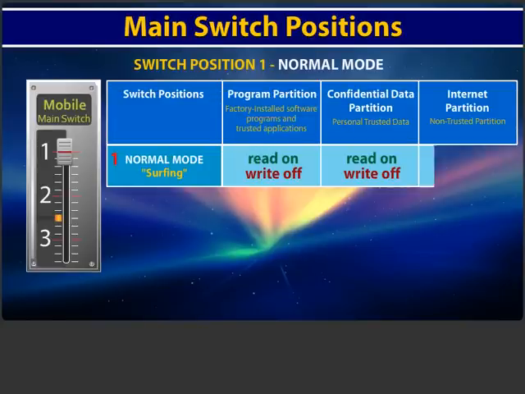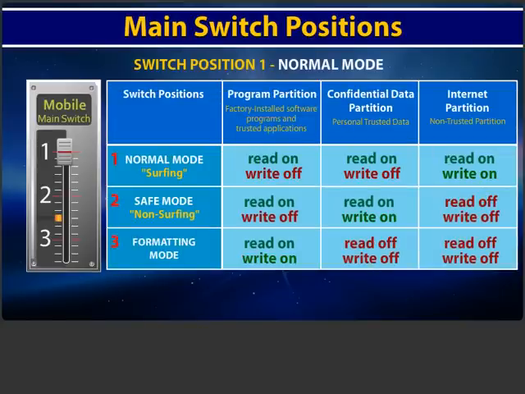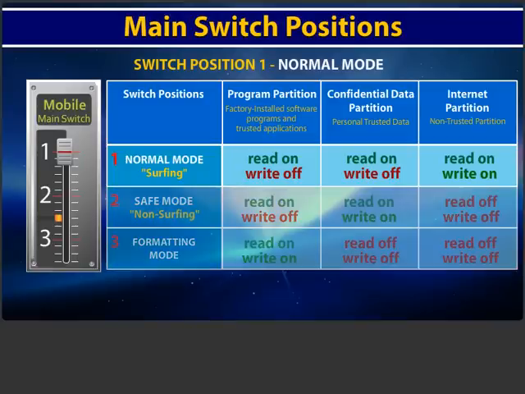Now let us consider the 3 positions assumed by the main switch and how these different positions impact the reading and writing processes of each partition of the phone's solid memory. At position 1, the so-called normal mode position, while we are surfing the net by using a mobile phone, all factory-installed operating systems, applications, and trusted personal data are safe and readable.